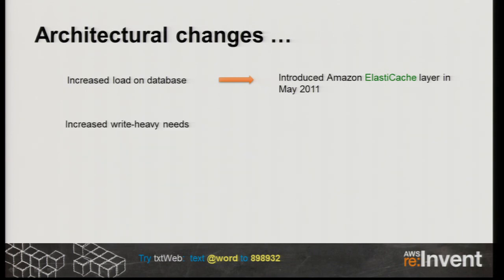Then the write-heavy needs of our application were solved by bisecting our application into transactional and business data. Transactional data goes only to DynamoDB because we wanted to take advantage of its write-heavy and high I/O-intensive nature. We pushed all our transactional data to DynamoDB, and then had an EMR job running, which takes the data out of DynamoDB and moves it into our data center.